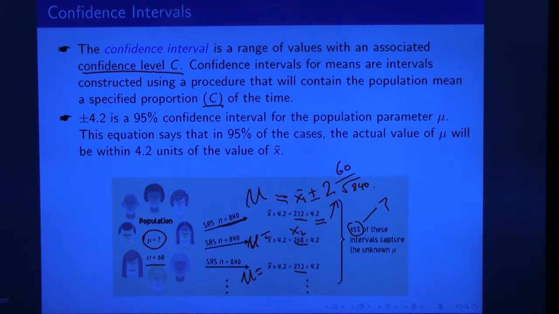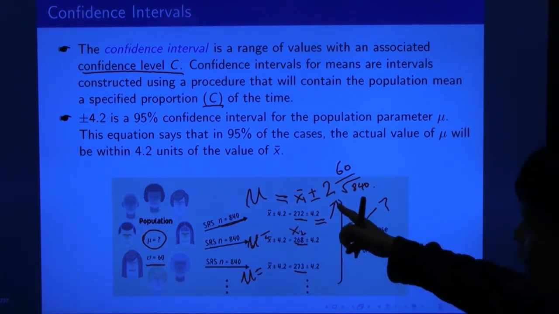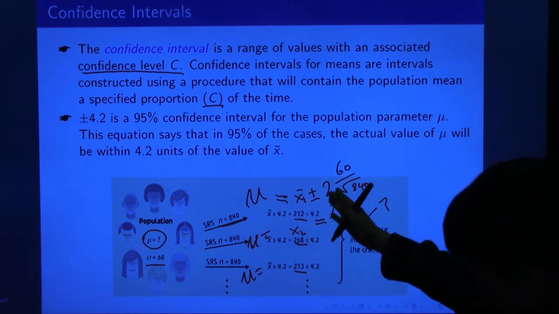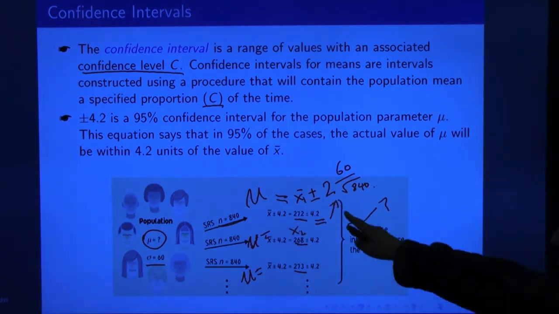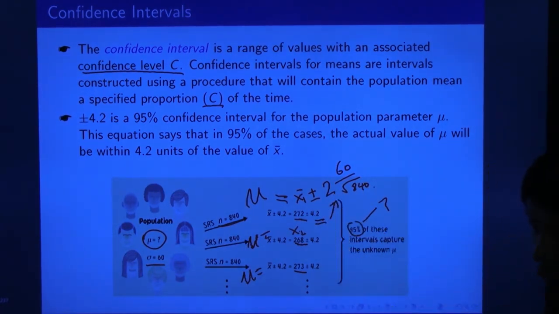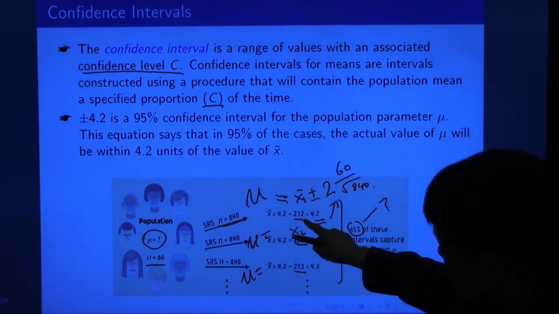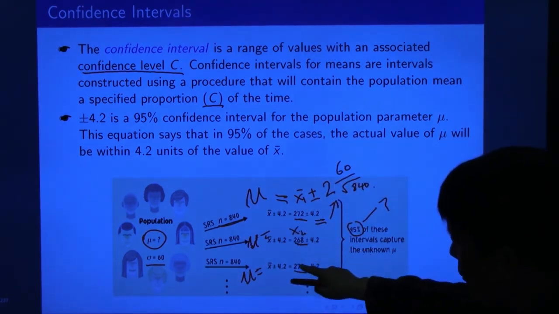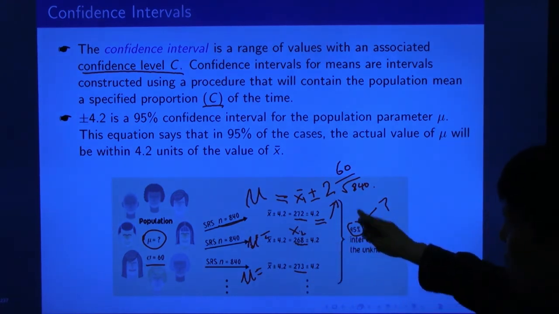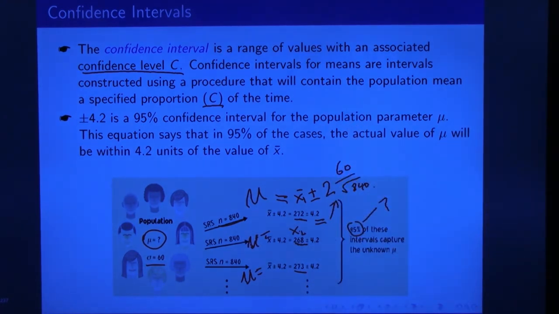How to understand this? If we have many of these samples, 1, 2, 3, 4, 5, a lot, then 95% of these intervals, this one, second interval, third interval, 95% of all these intervals will contain the real mu.